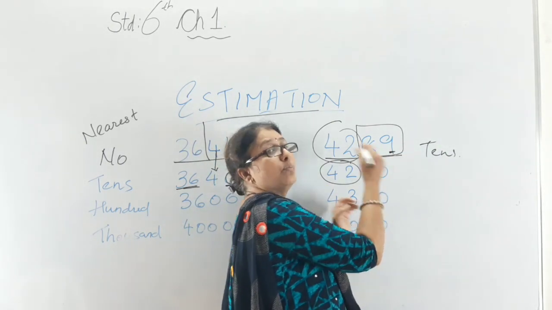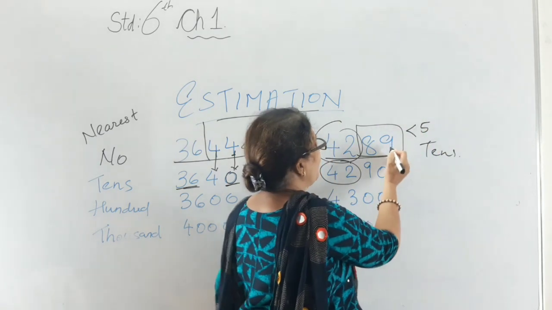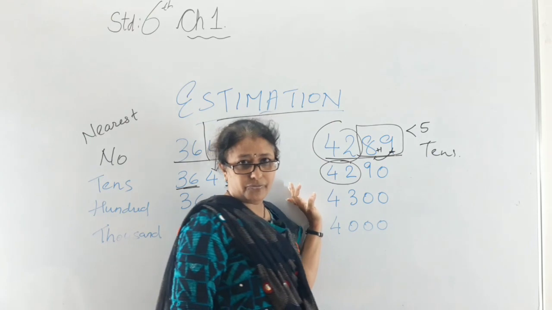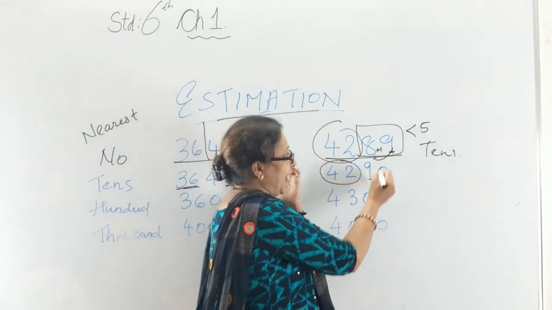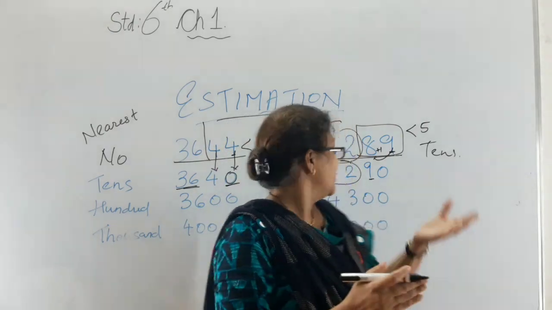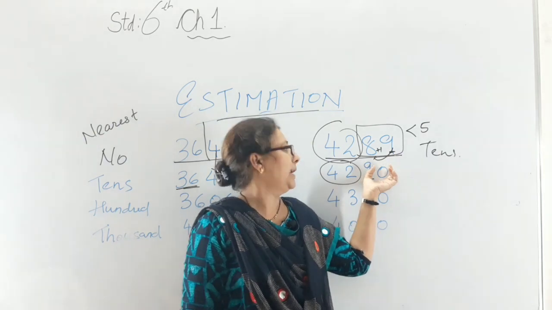As 9 is more than 5, one number will be added to the 8. So 8 plus 1 will become 9. And as we are rounding off the estimation, automatically 10 has to be added in rounding off of the number.